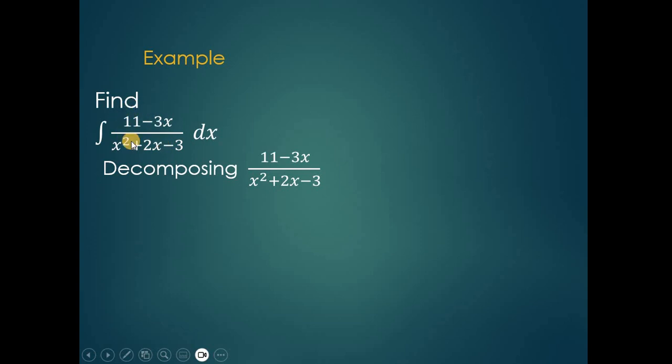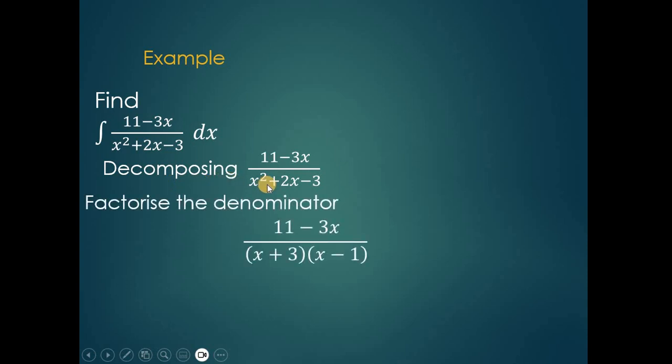For us to integrate this algebraic expression, we are going to start by decomposing it, whereby we are going to factorize our denominator, that is x squared plus 2x minus 3, whereby we can use the sum and product rule, and we are going to get two linear factors, that is x plus 3 into x minus 1. So we are going to rewrite our fraction as 11 minus 3x over x plus 3 into x minus 1.